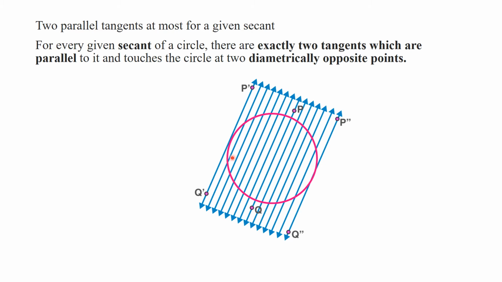And we can see that the secants P dash Q dash and P double dash Q double dash become the tangents to the circle, which are parallel to the given secant PQ. From this we can say for every given secant of a circle, there are exactly 2 tangents which are parallel to it and touch the circle at 2 diametrically opposite points.